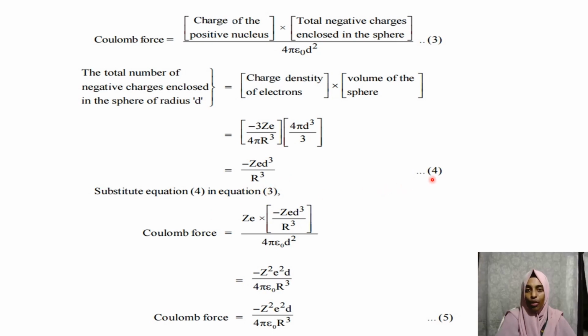Substituting this equation 4 in equation 3, we get the Coulomb force as Ze into minus Ze d cube by R cube, whole divided by 4 pi epsilon naught d square. After calculating this, we get the Coulomb force as this equation, which we consider as equation 5.